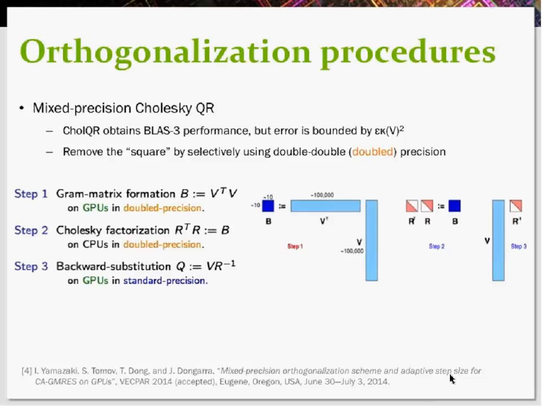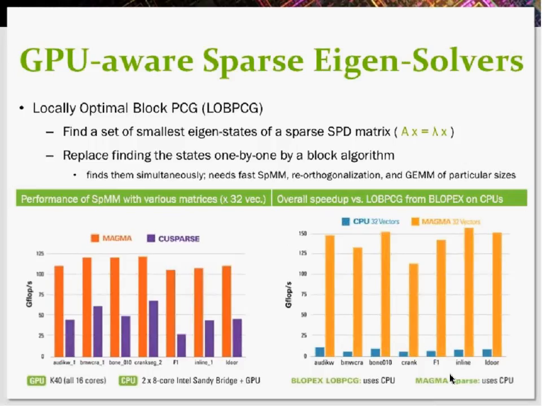So the matrix is obtained in higher precision. In this case, they do Cholesky factorization of the small matrix. It doesn't matter how slow it is because the matrix is very small. And then we have this backward substitution for Q, which gives us this QR optimization, V multiplied from the right by the inverse. So that algorithm gives very high performance.